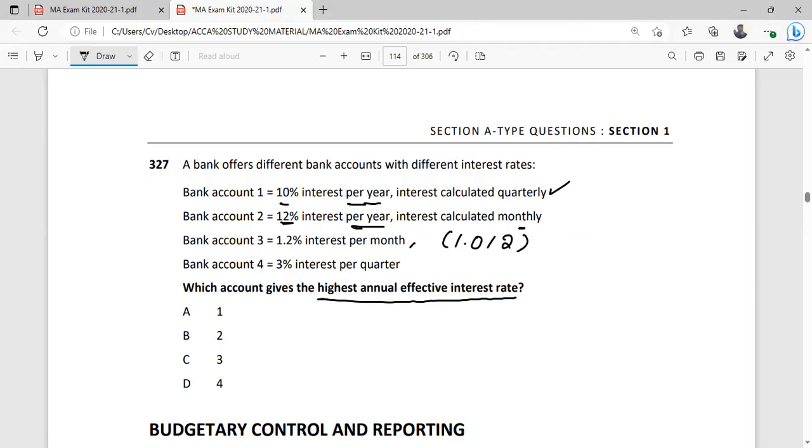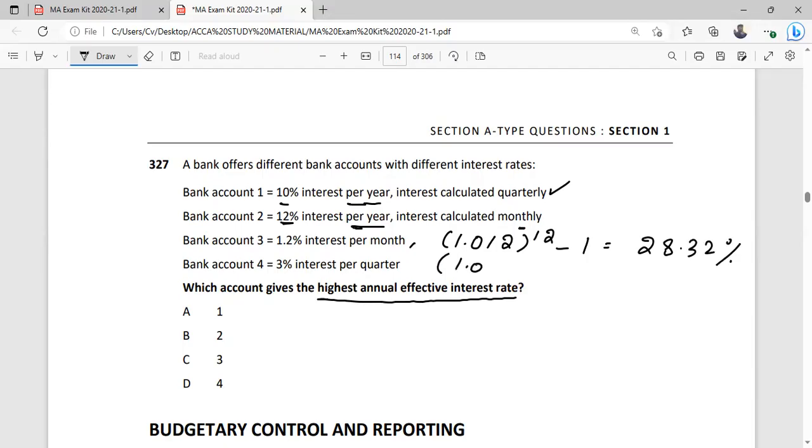1.012 raised to power 12 months minus 1. It is 28.32%.